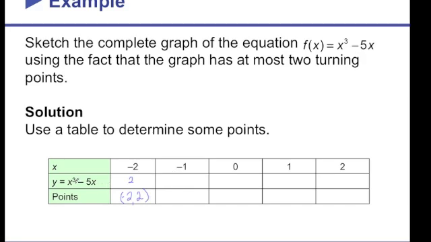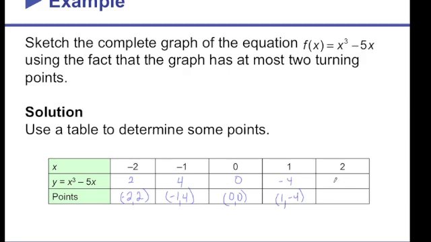Negative 1 cubed is negative 1 minus 5 times negative 1. So negative 1 plus 5 will be 4, and we'll have the point negative 1, 4. 0 cubed will be 0, minus 5 times 0, we'll get a 0 again, so we'll have the point 0, 0. 1 cubed is 1 minus 5 times 1, so 1 minus 5 will be negative 4, and we'll have the point 1, negative 4.